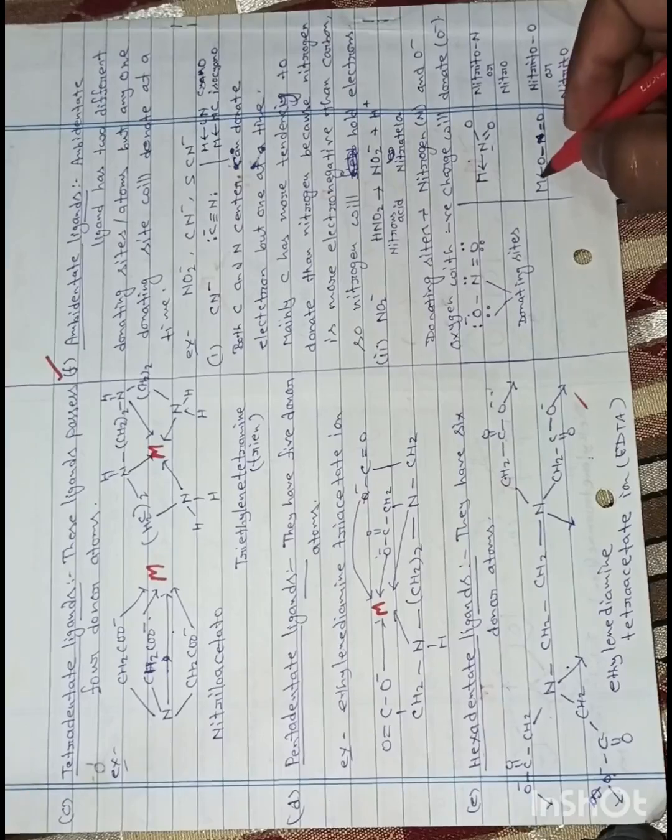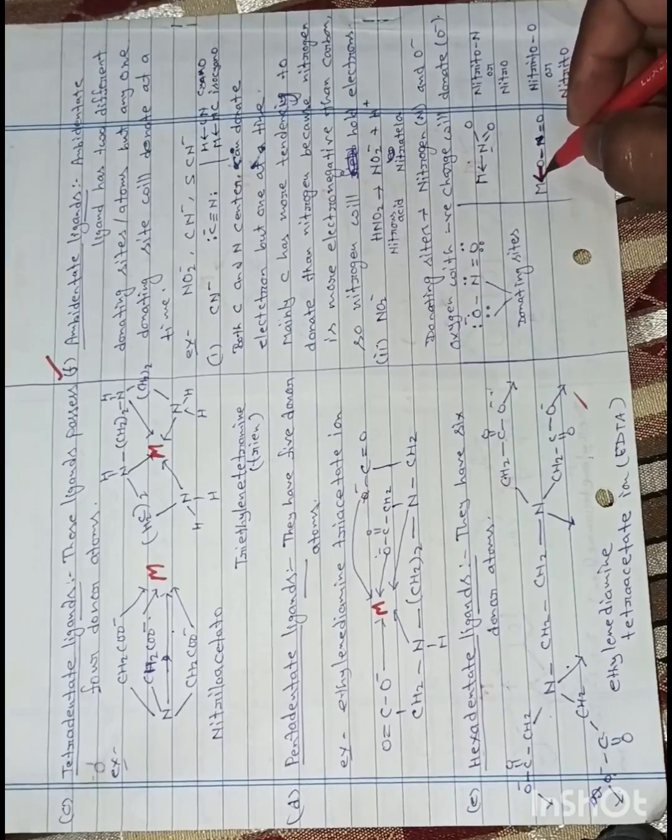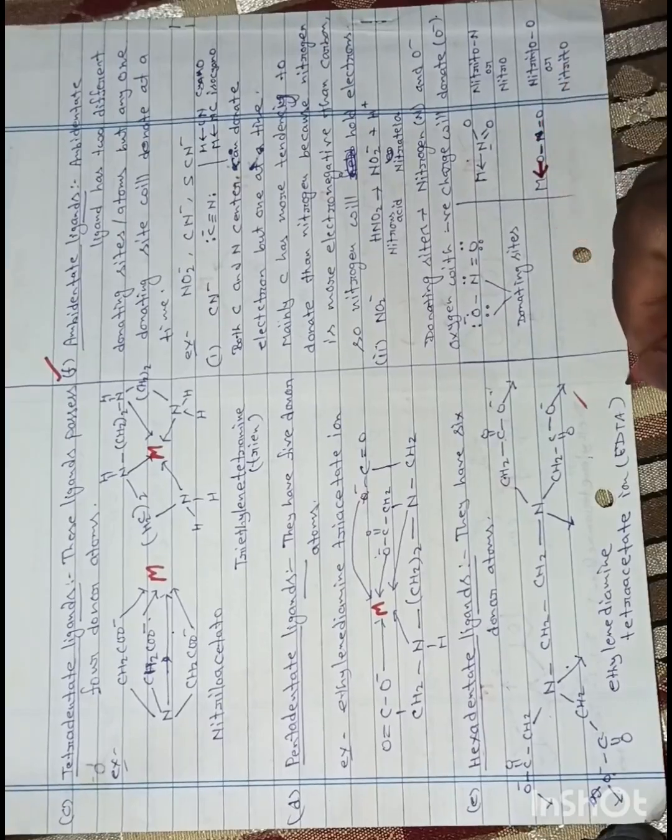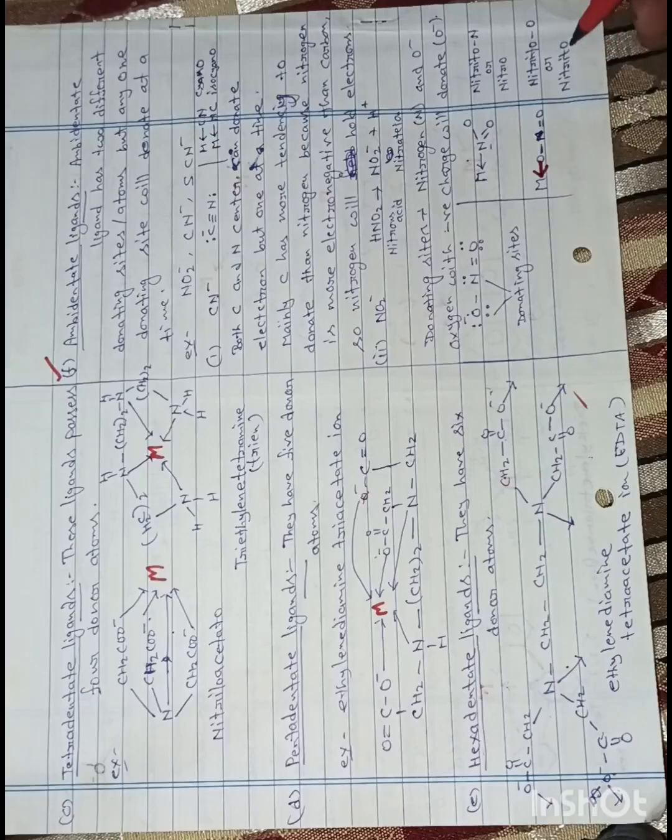So here we can see that oxygen is donating the electron to the central atom, so it is known as nitrito-O, or simply nitrito. And when nitrogen donates the electron to the central atom, it is known as nitrito-N, or simply nitro. I hope that you got these points.